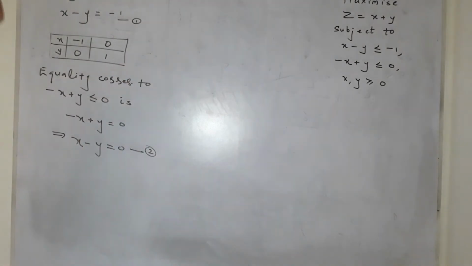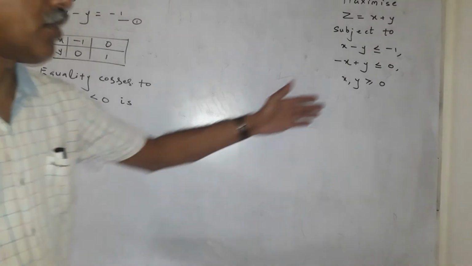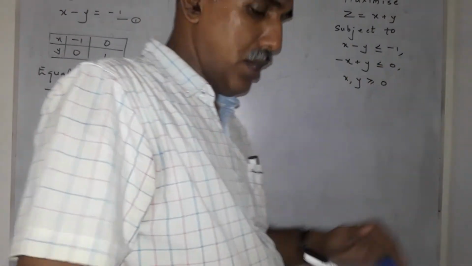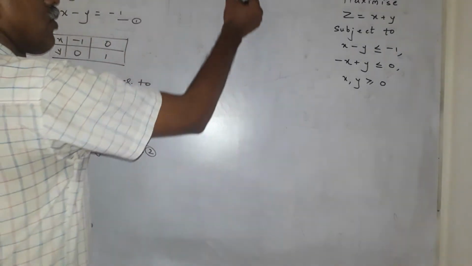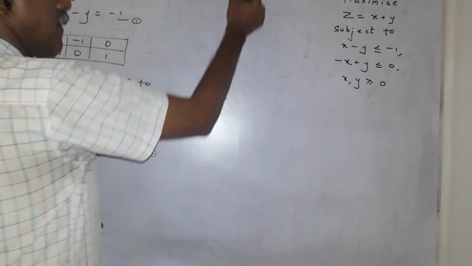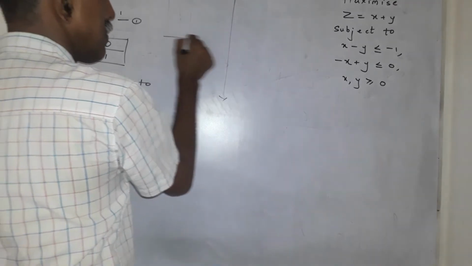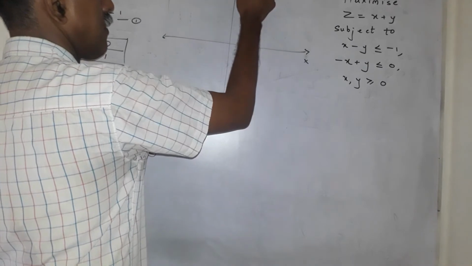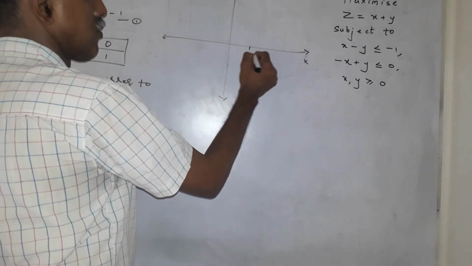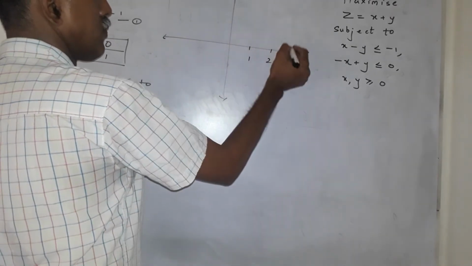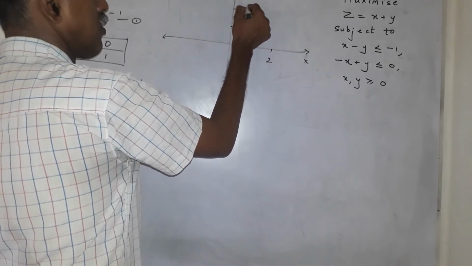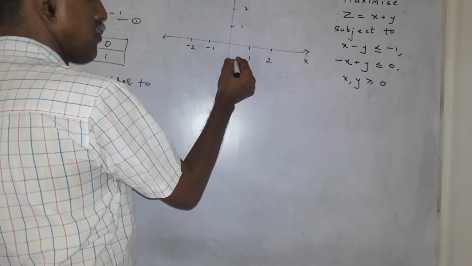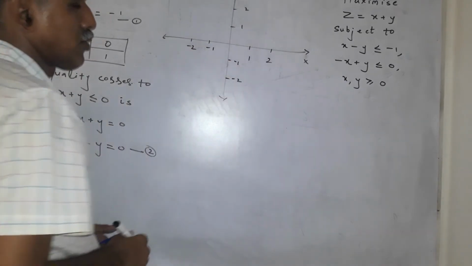Let us try to draw the graph. We have to respect the non-negative condition, x greater than equal to 0 and y greater than equal to 0. The x-axis and the y-axis, 1, 2, 1, 2, minus 1, minus 2, minus 1, minus 2.